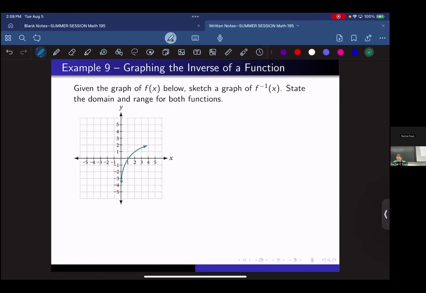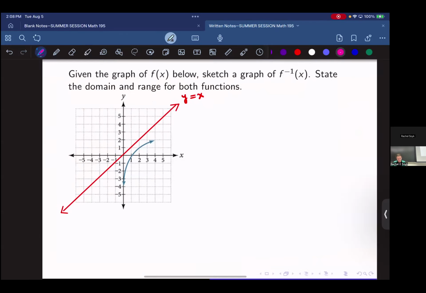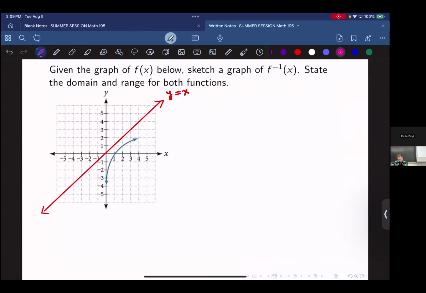What I like to do is sketch in my y equals x line of reflection, and I'll label it too, y equals x. Then it'll be a little easier for me to find the reflected part. So this 1, 1 over here, and this 0, 1 over here.